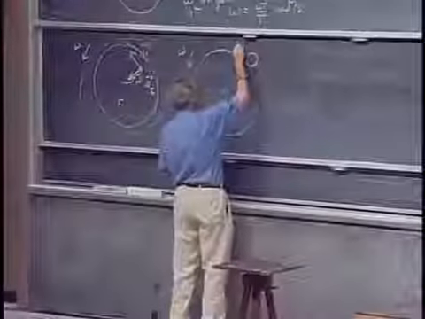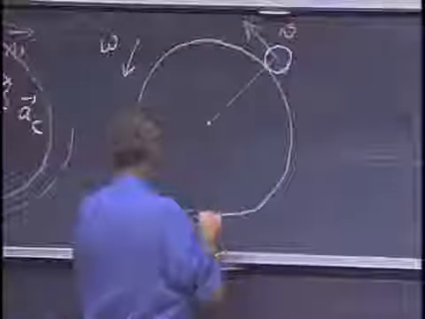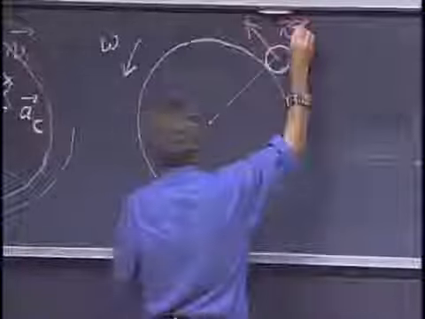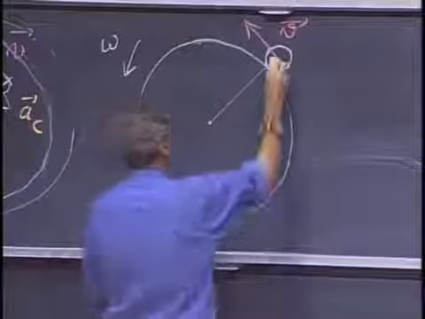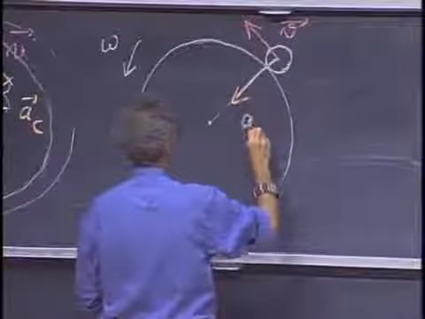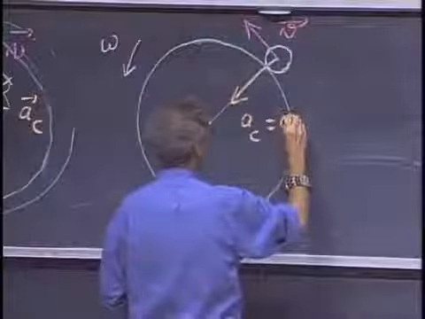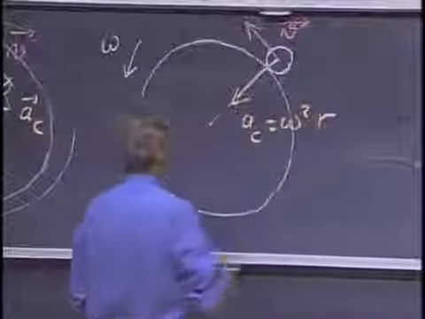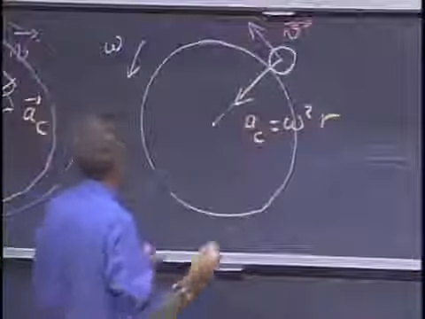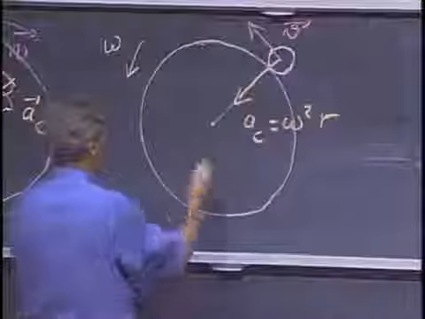At one moment in time, this has a velocity, like so, and therefore there must be non-negotiable centripetal acceleration, which in magnitude is omega squared r, or if you want to, v squared divided by r.